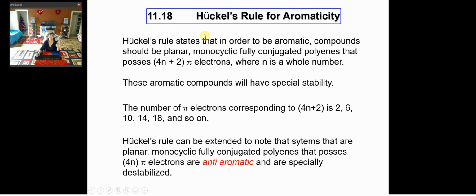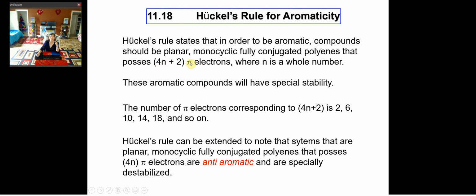Huckel's rule states that in order to be aromatic, the compound must be planar. Second, it must be a monocyclic, fully conjugated polyene. Third, the compound must possess 4n plus 2 pi electrons.